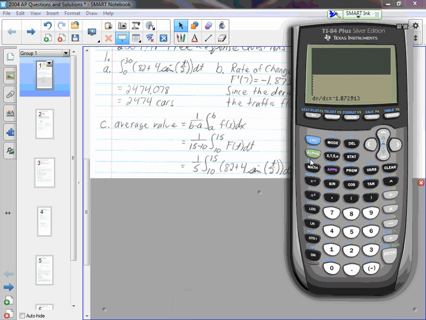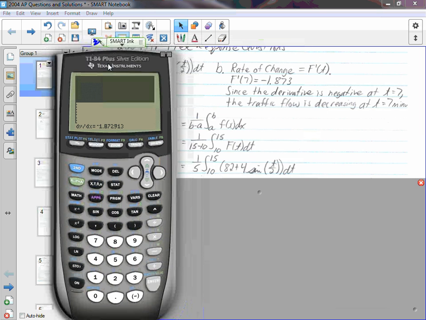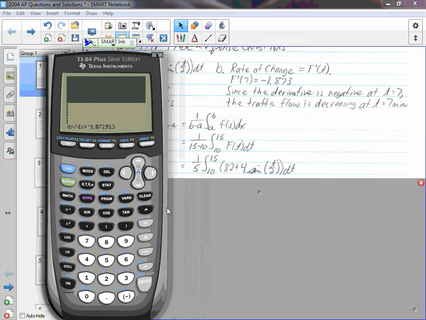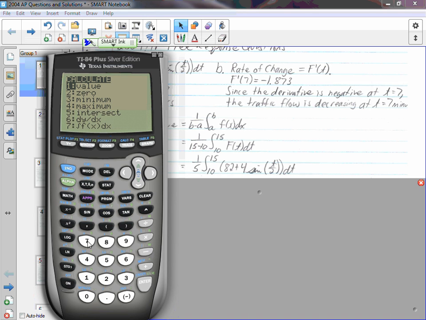The only thing you need to do differently is change the limits of integration. So this time we'll do second calc, integral, lower limit is 10, enter, upper limit is 15, enter. We get that, but what do I need to do to that? Divide it by 5.